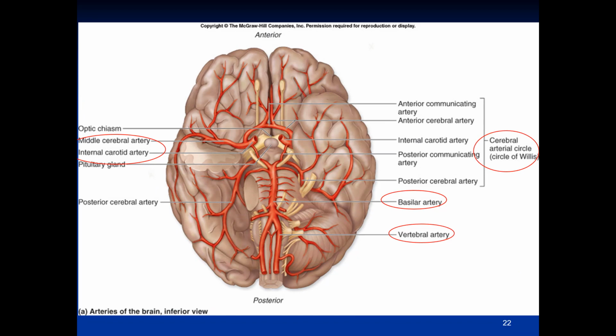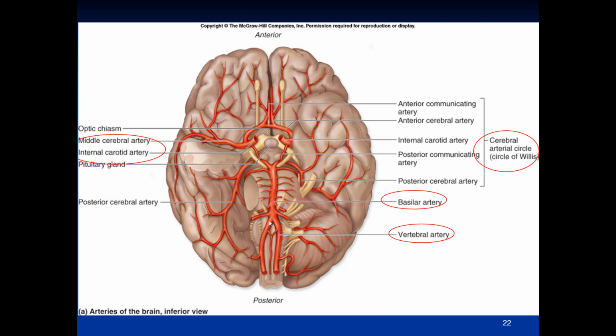If we look at the bottom of the brain, you can see that you have a lot going on, but if we break it down, here's your two vertebral arteries down here that are coming up. Same ones that we saw on the previous slide, and you're looking at the bottom of the brain right here. Vertebral arteries coming up, and then here and here you have the internal carotid. Remember we had one of those on each side, and then they all kind of blend together at the bottom of the brain.